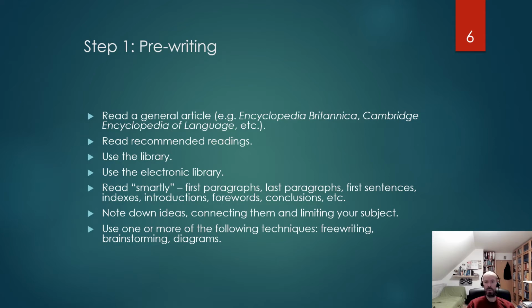So perhaps read only first paragraphs, last paragraphs, first sentences, indexes, introductions and conclusions, forewords, and so on, rather than entire articles or entire books. So try to focus on the information you really need.